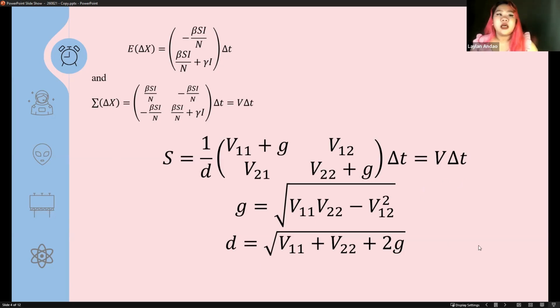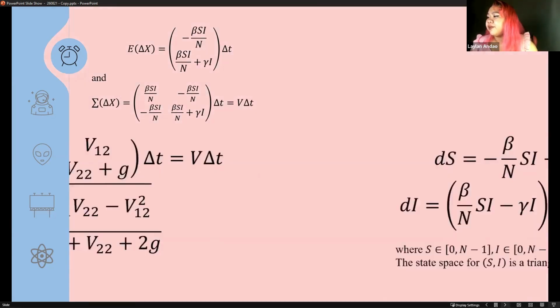In line with that, the SDE SIR epidemic model has the following form.